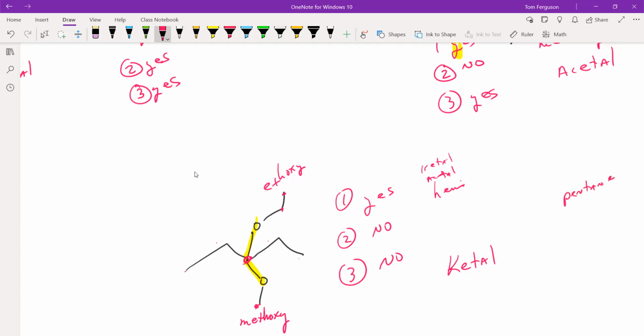That's going to be 3,3. Let's see. And that's not going to be 2, it's going to be 3. Methoxy. 3-methoxy pentane.